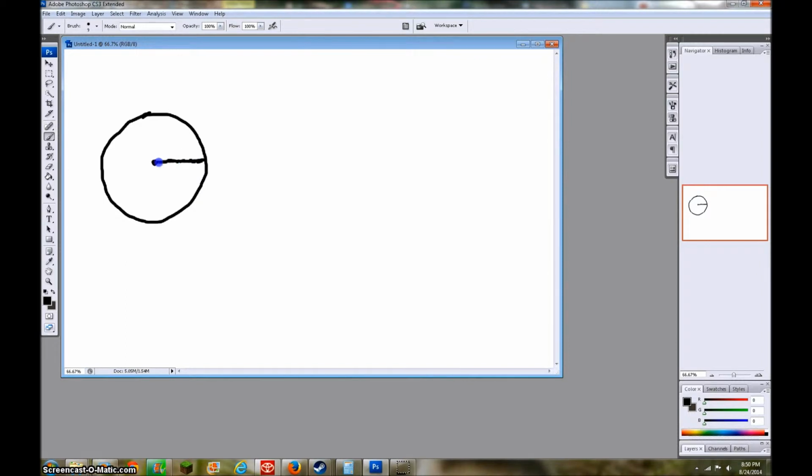I'm going to draw a solid line. That's an uneven circle.